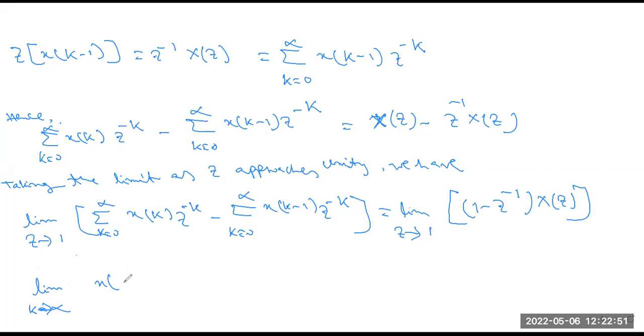Limit k tends to infinity x of k is equal to limit z tends to 1 of (1 minus z inverse) into X(z). Okay, so this is the basic equation for the final value.